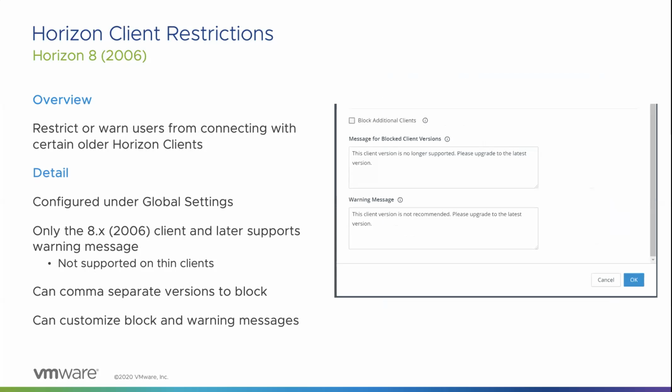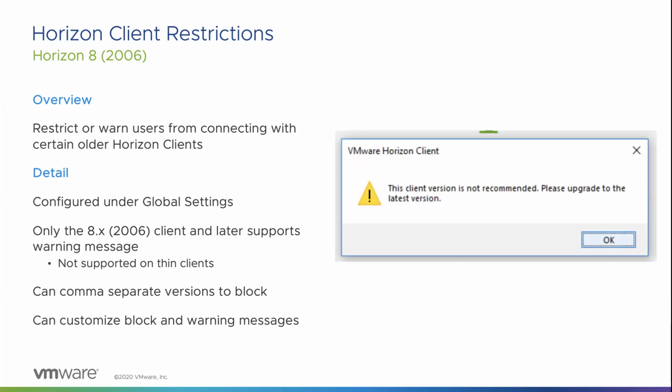For instance, Horizon 7 or 5.5 versions of the client are not supported on Horizon 8. So you want different product lines, and it really goes both ways. Horizon 2006 client's not supported on Horizon 7.13, and you want to make sure that your clients have the proper client on their endpoint for whatever they're connecting to.